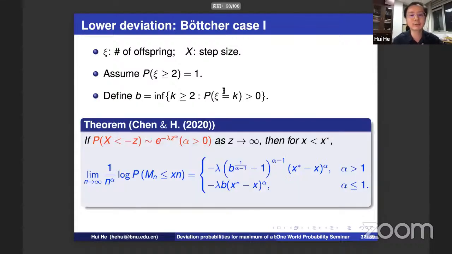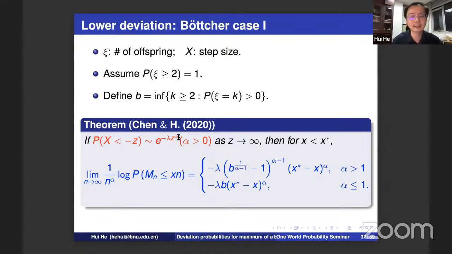Then the first result we get is that if the left tail of X behaves like this function. Please remember that we already assume that the right tail of X decays exponentially. Here we assume that the left tail of X decays according to this function, e to the minus lambda x to the alpha, where lambda and alpha are positive constants.